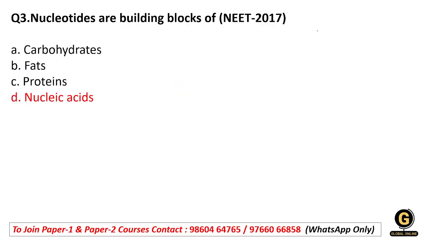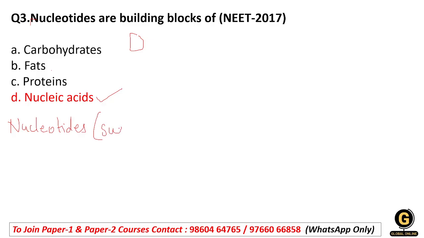Next, nucleotides are the building blocks of. Now this building block acts as a, right? We see cement blocks in construction. Same, the nucleotides are acting as building blocks of what? Carbohydrates, fats, proteins and nucleic acid. So the right answer is nucleic acid because nucleotides are composed of, yes, nucleotides are composed of what? What are the components of nucleotide?